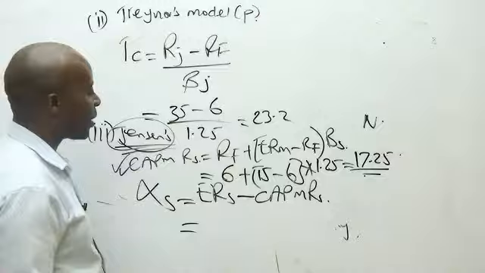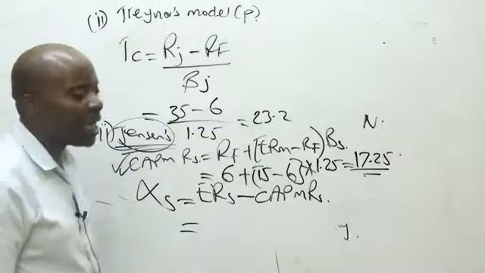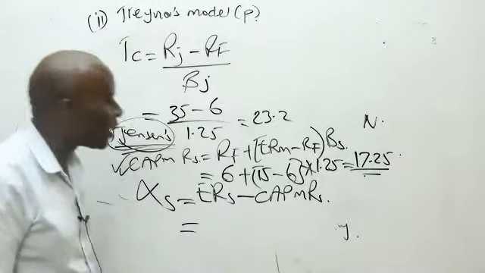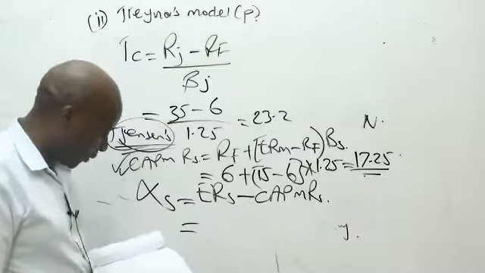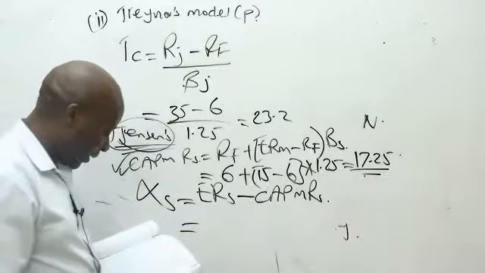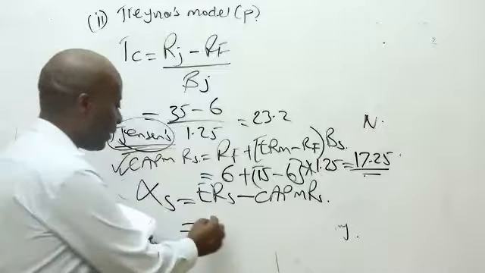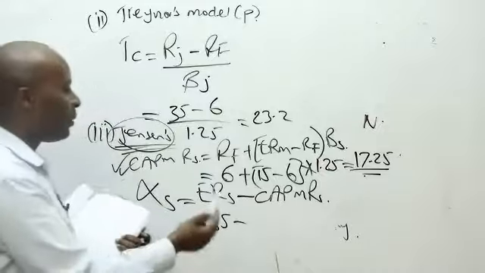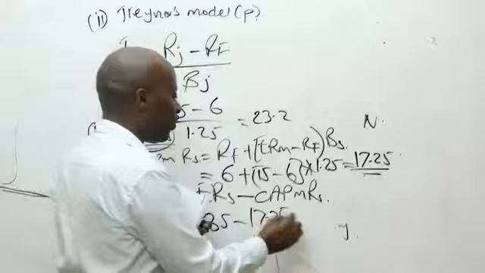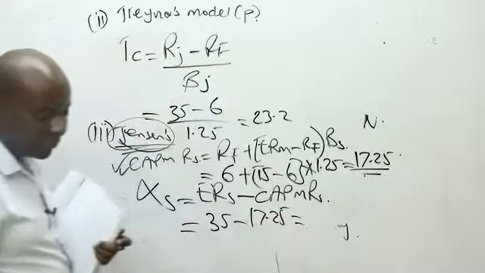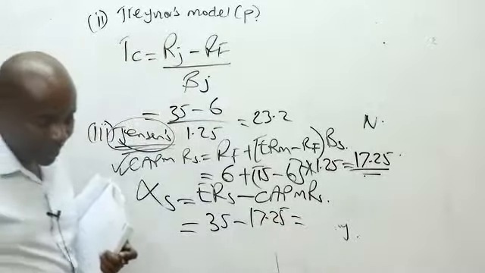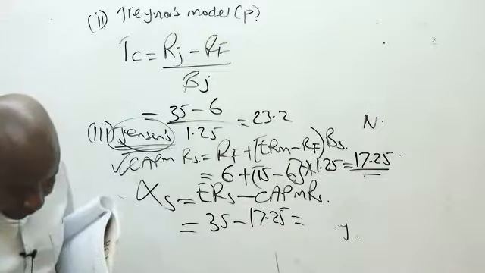ERS is expected returns, the same as average returns, could be even actual returns, doesn't matter. So the average return I'm being given is 35 minus the CAPM returns you have gotten, 17.25. So please give us an answer. What do we have there?